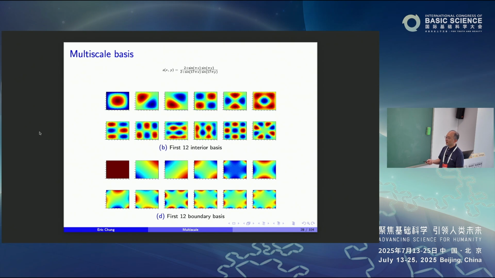As you see, the eigenfunctions become more oscillatory. Those first few eigenfunctions are more smooth, but as you add more basis functions, they become more oscillatory. We aim for this more smooth component to be the basis, as it contains the main features of the solutions.